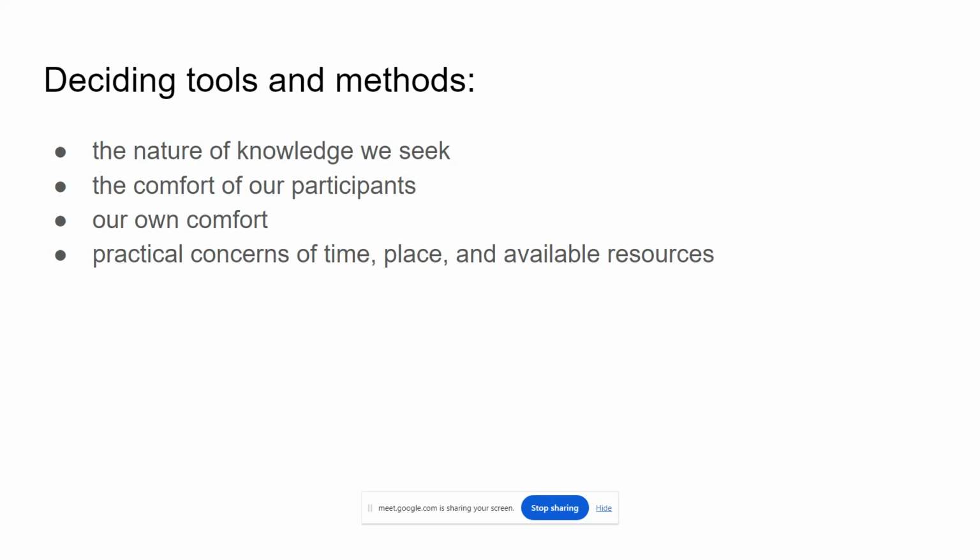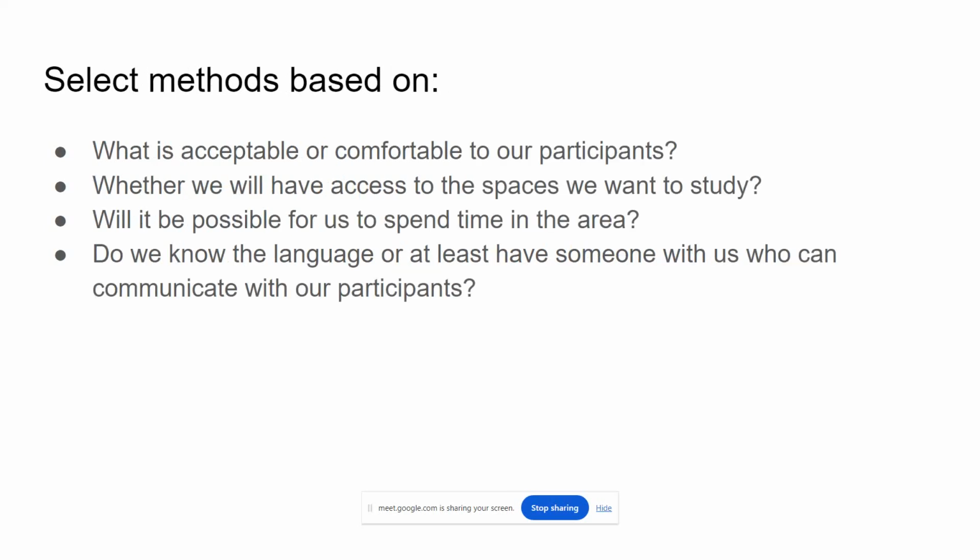Finally, the practical concerns of time, place, and available resources are what we cover in the first three points majorly. This is important because doing an ethnographic research requires planning beforehand, as it is a very time consuming, effort consuming activity which you have to perform.